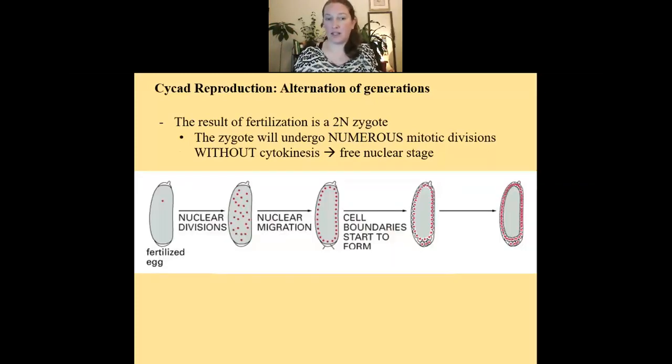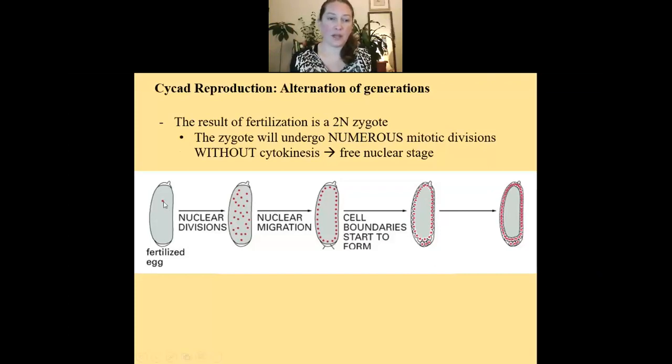Here is an example of what that looks like. So here on the left, you have one fertilized egg. This whole oval is an egg. And we know it's been fertilized because we can see the nucleus in the middle, which is the result of egg and sperm.